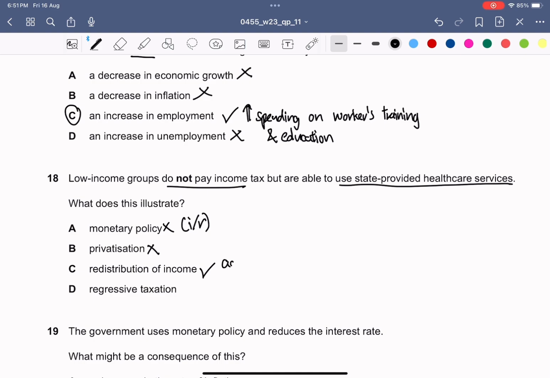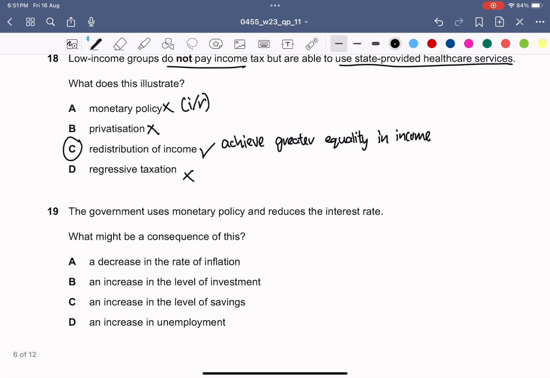This is one of the macroeconomic aims, to achieve greater equality in income by allowing low-income groups not to pay tax while being able to use public healthcare services. D. No. Regressive taxation means that the tax takes away a higher percentage of income from the lower income group than the higher income group. So this is what we usually call the poor becoming poorer and the rich becoming richer. So the answer is C.